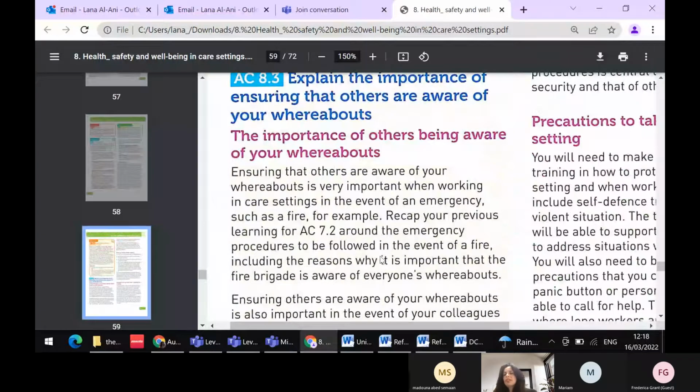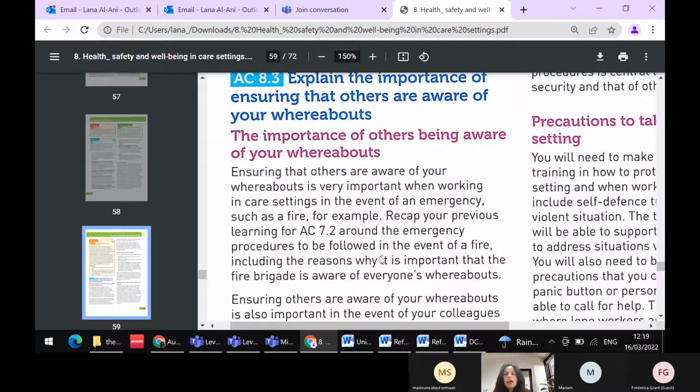So this is 8.3. Explain the importance of ensuring that others are aware of your whereabouts. You always need to make sure to tell your manager where you are if you are not in the care setting. For example, my work today is between 9 to 5.